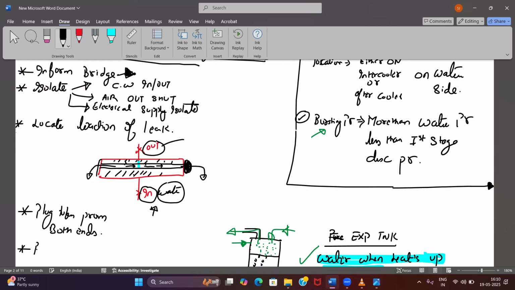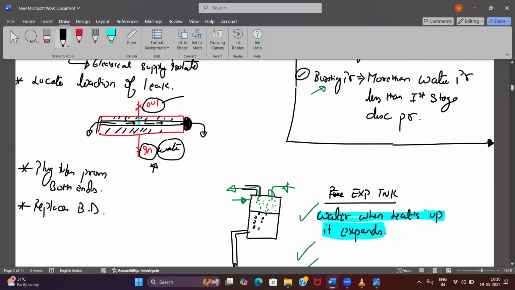After that, replace the bursting disc. After replacing the bursting disc, we will also replace the tube. The tube replacement you cannot do on board only, obviously, so do not do the tube replacement now.